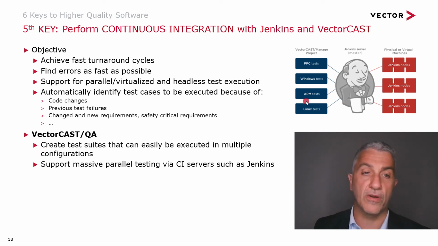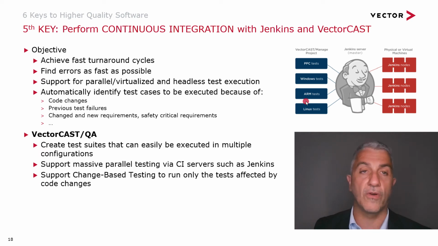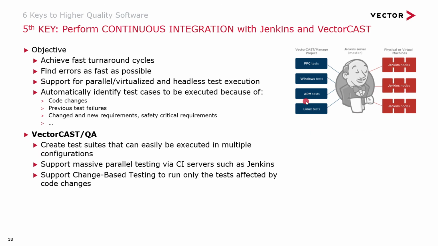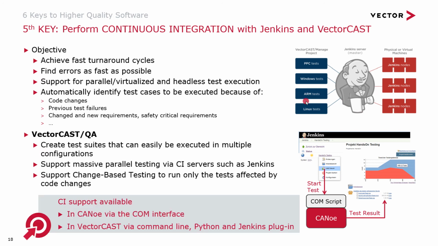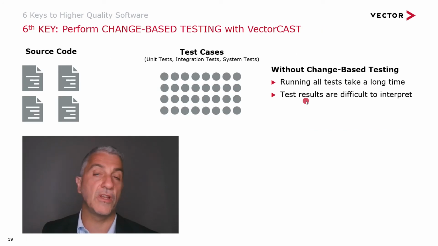You can support change-based testing; we'll talk about this in a few minutes. And you can have CANoe controlled by QA with a COM script, and then show the result in Jenkins. You can then use VectorCast through the command line, Python, or the Jenkins plugin. And then finally, you can perform change-based testing with VectorCast.